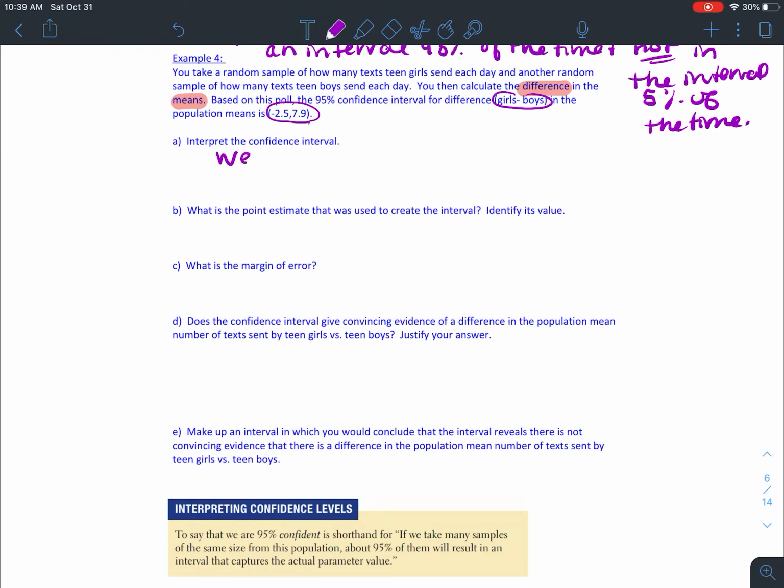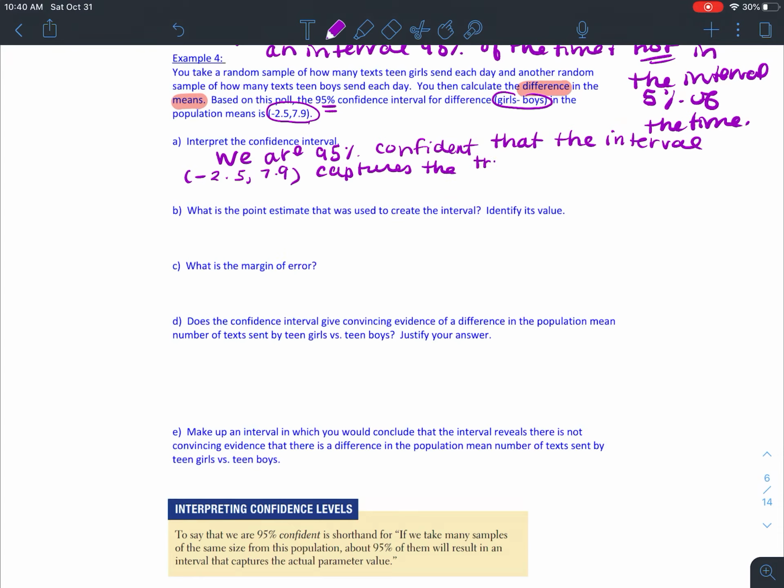And so we're always going to start out with the percent that we are confident. This was a 95% confidence interval. So we're going to say we are 95% confident that the interval, and then we just simply state the interval here, the interval from negative 2.5 to 7.9 captures the, now make sure we're looking at what this interval was based on.